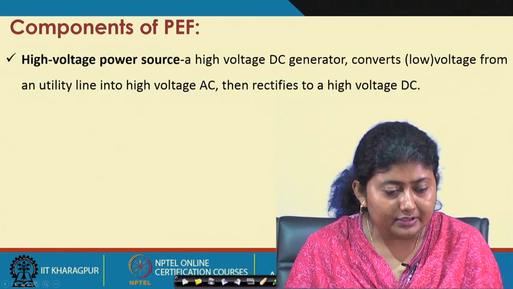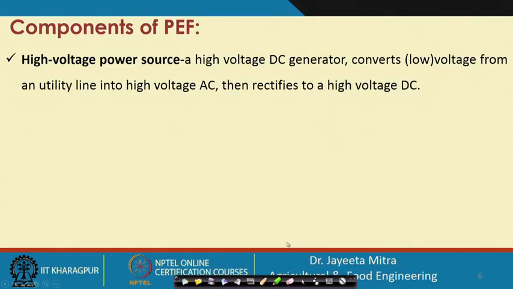It consists of a high voltage power source, which is a DC generator and converters, which convert the low voltage from an utility line into a high voltage AC line, then rectify it to a high voltage DC.